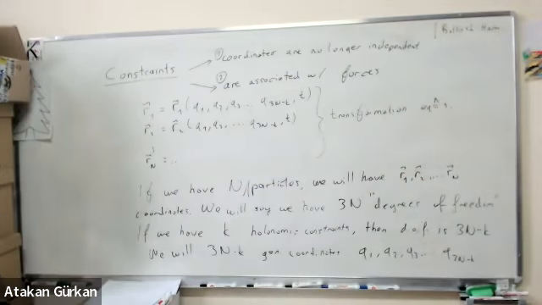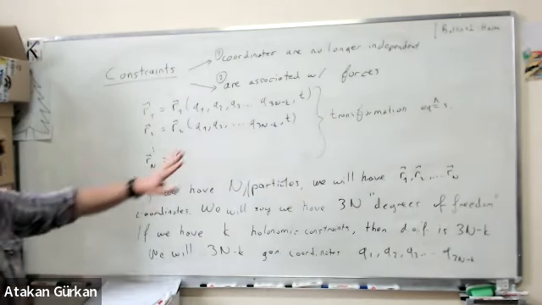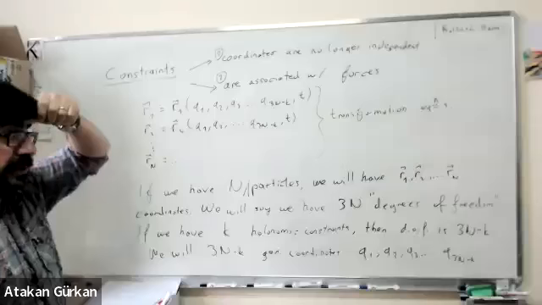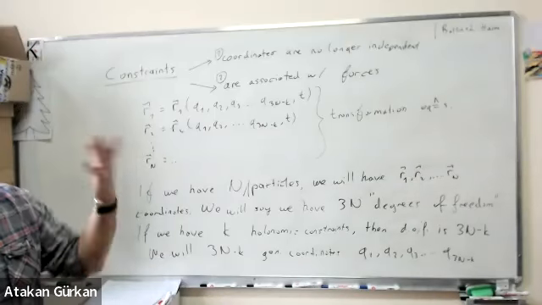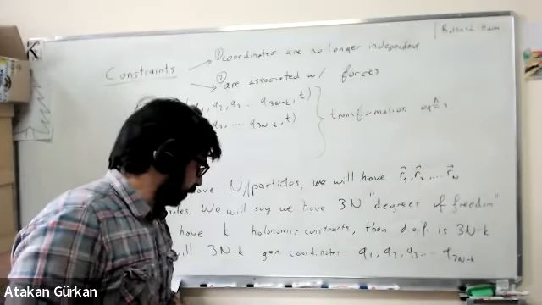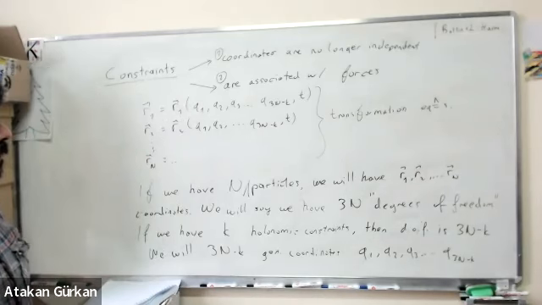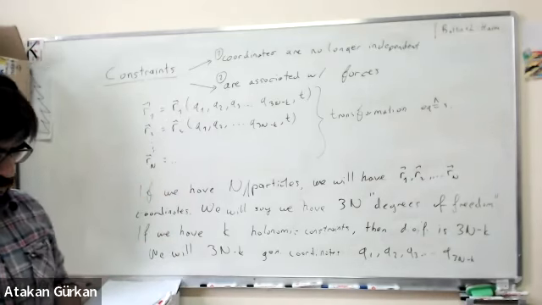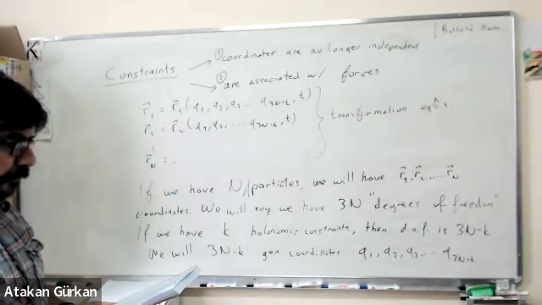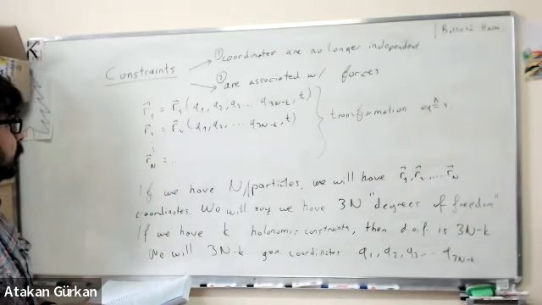When we say the transformation equations for generalized coordinates, we are referring to these. Sometimes you'll see the opposite, the q's expressed in terms of r, called transformation equations. I don't think it matters too much, but there's no consensus on what to call transformation equations.